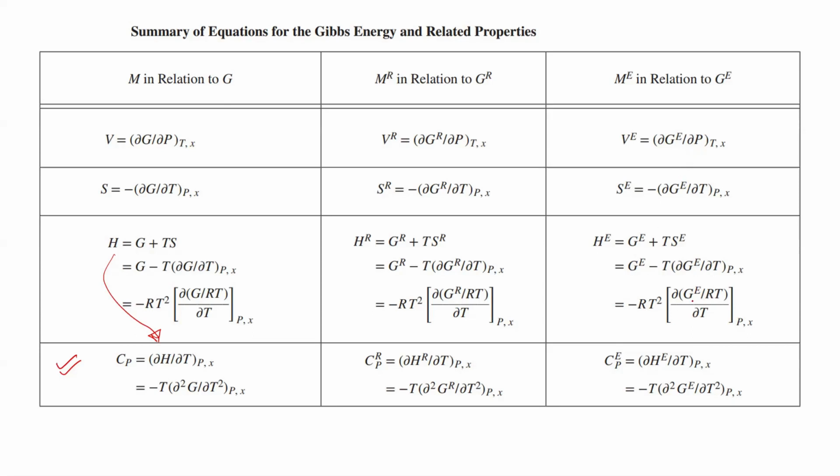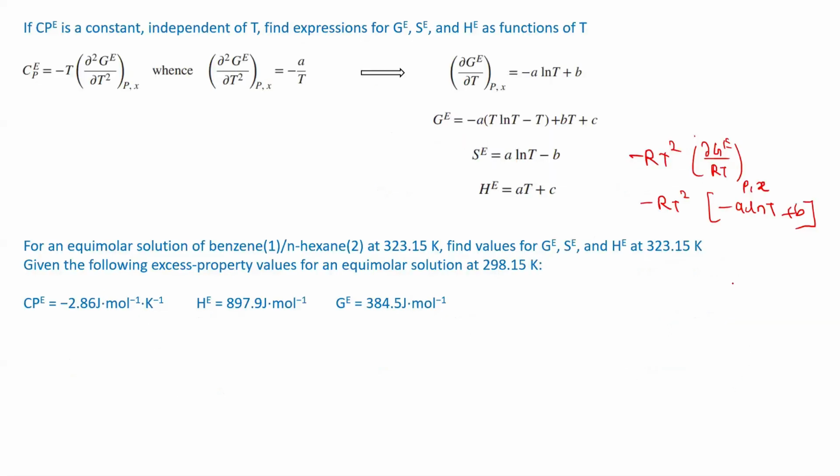But in this case, it is dou G by RT, right? So dou NG by RT by dou T at P comma X.